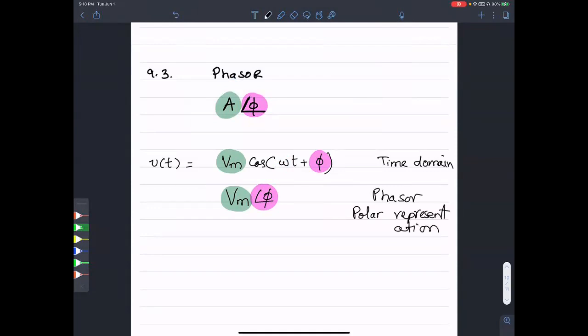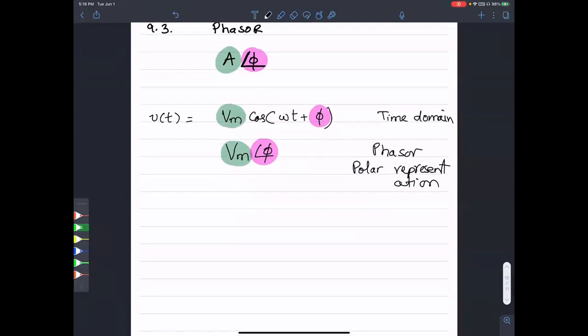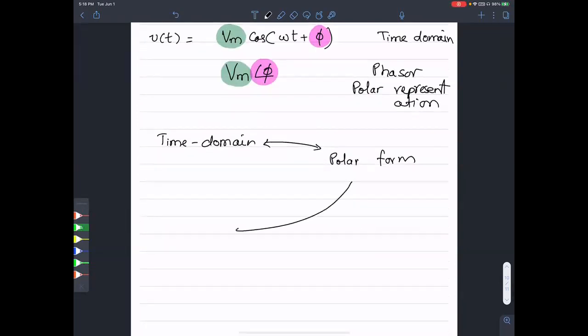So what we will do is go back and forth between these three domains. Time domain, you will switch back and forth with the polar form, and that you will switch back and forth with the rectangular form, and that you will switch back and forth with the time domain representation.